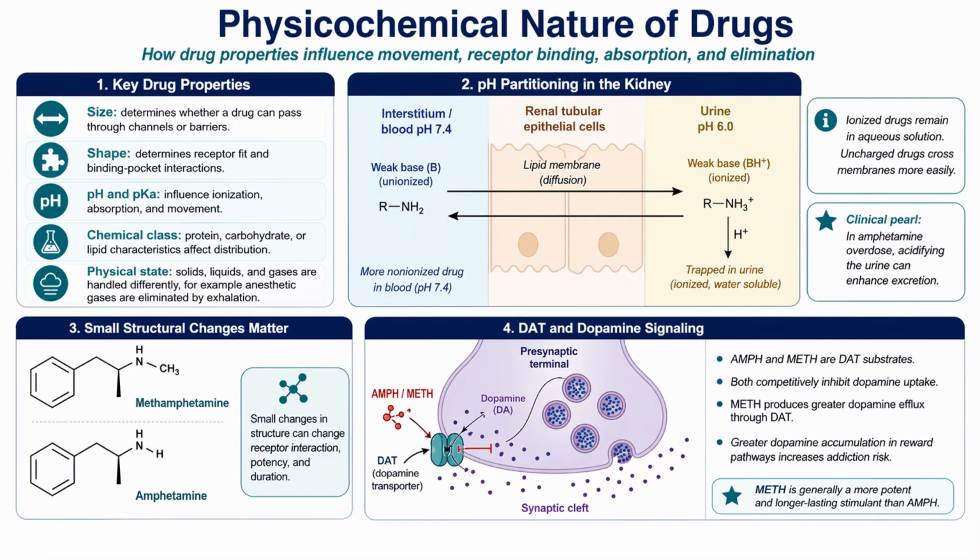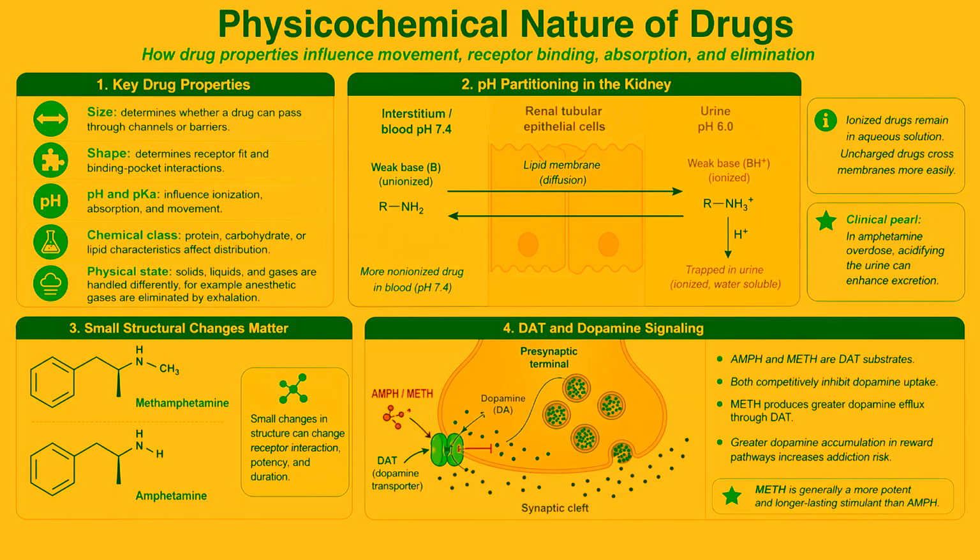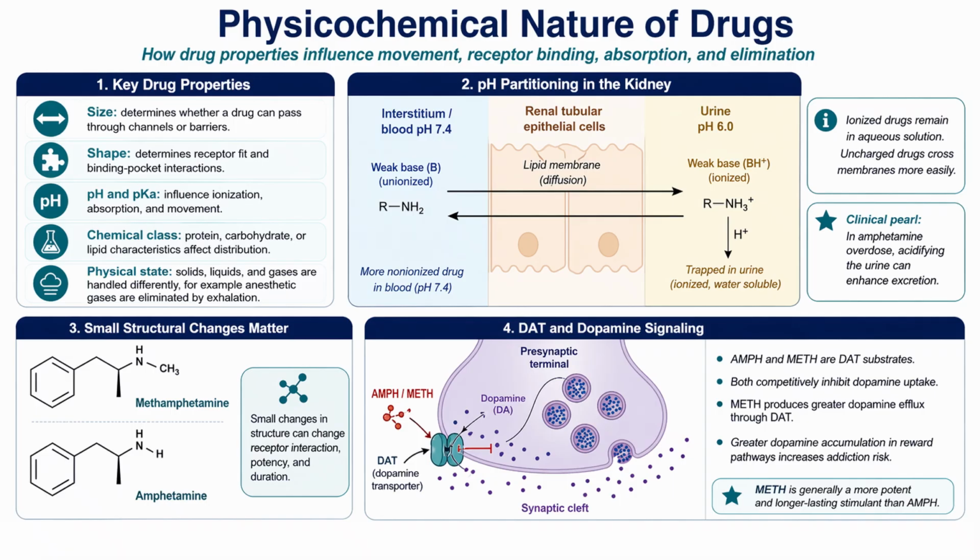Fourth, this is what we see happening with dopamine signaling. DAT is the dopamine transporter. Normally, dopamine is released into the synaptic cleft, and then it's cleared partly by reuptake through dopamine transporters. Amphetamine and methamphetamine both interact with dopamine transporters. They're DAT substrates, and they competitively inhibit dopamine uptake. This leaves more dopamine in the synaptic cleft.